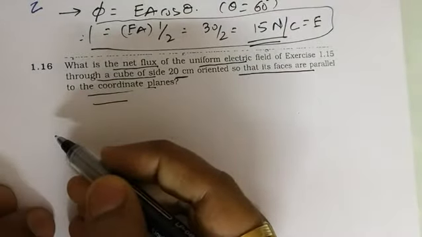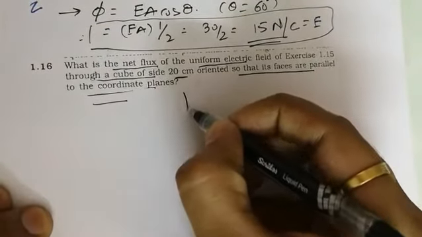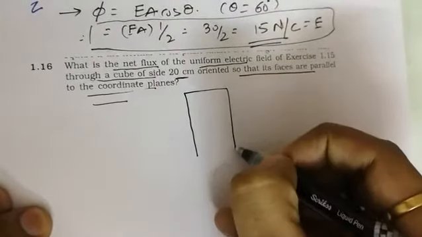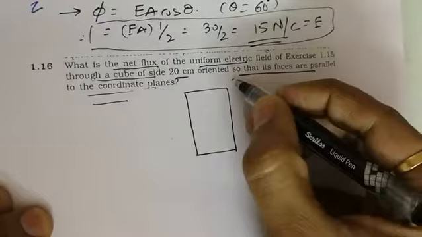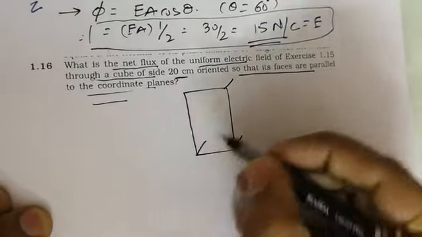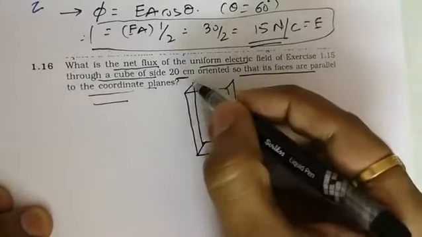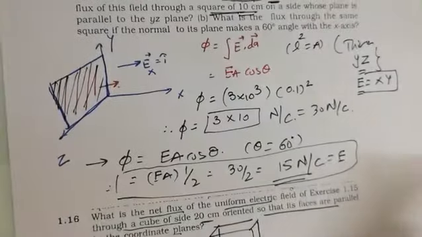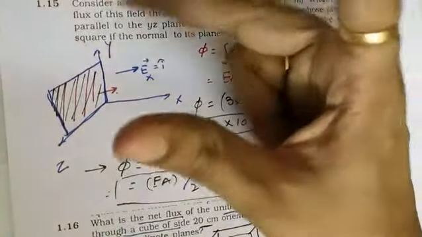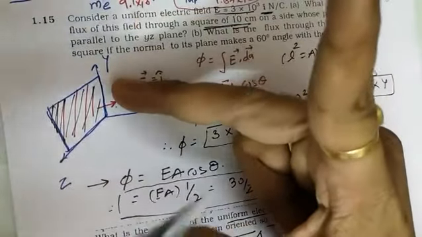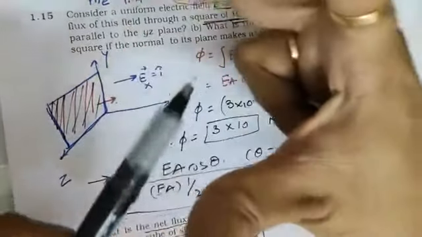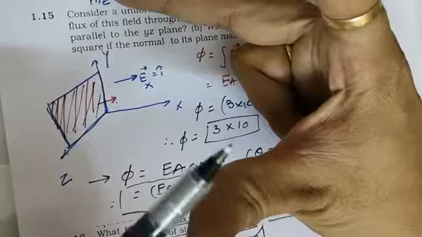If we see such an example, we have a cuboid with sides 20 centimeter and an electric field. The previous example reminds us of a thumb rule, because our x and y plane are over here and here, and our thumb gives us the direction of the electric field.